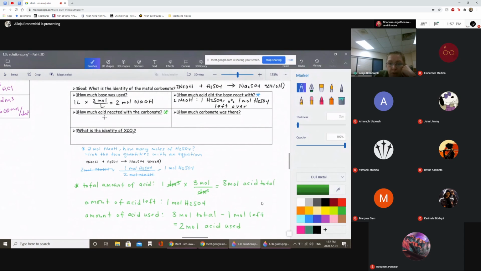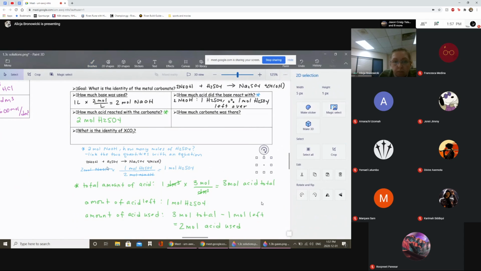So how much acid reacted with the carbonate? 2 mole H2SO4. Okay, so this part's the hardest part of this question, and I'm just wondering how to explain it to you. Okay, how much carbonate was there?